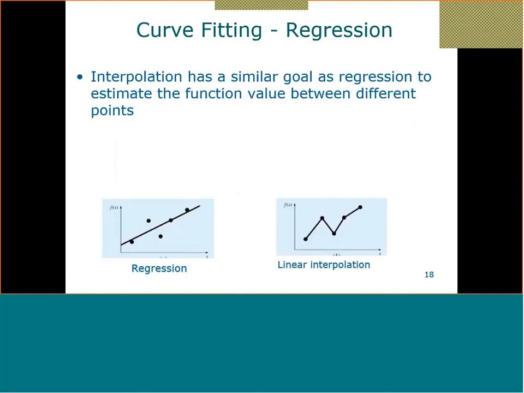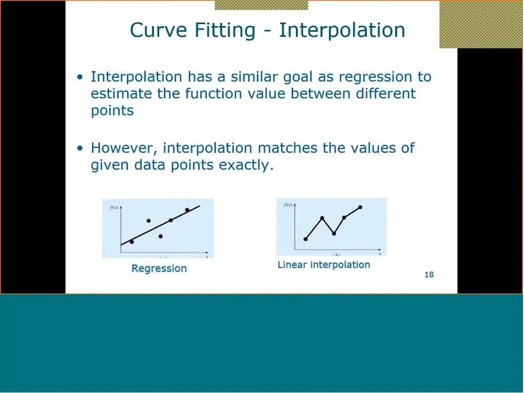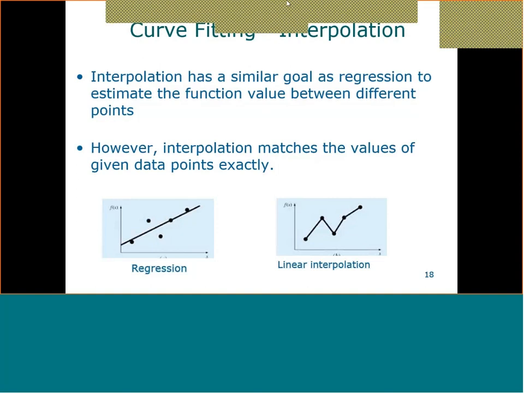Another way of curve fitting is interpolation. So interpolation is also a curve fitting technique, but the difference between regression and interpolation is that in regression, we will try to find the best curve that goes through the points or part of them to minimize the error.